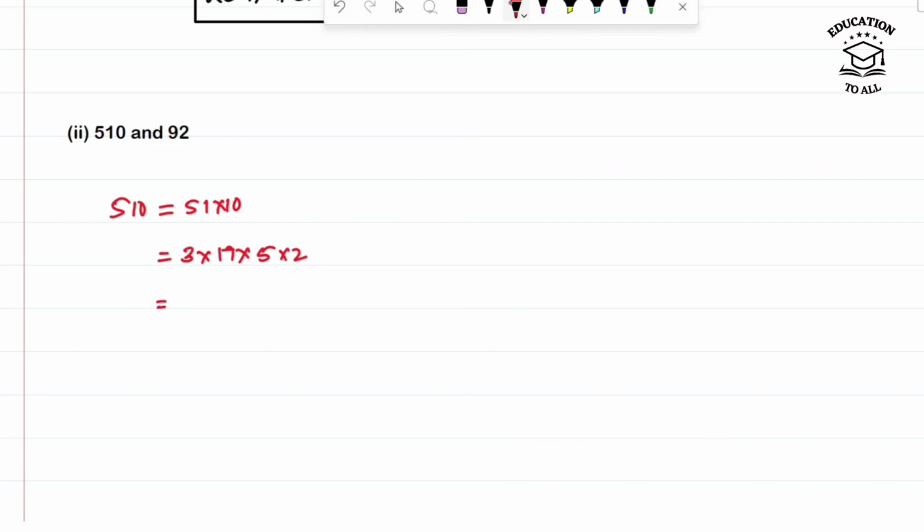I'll write in ascending order: 2 into 3 into 5 into 17. Similarly for 92, what is the prime factorization? In 92, 2 divides 46 times, again 2 divides 23 times. So we can say that 2 square into 23 is the prime factorization for 92.